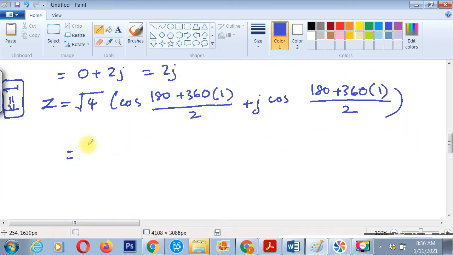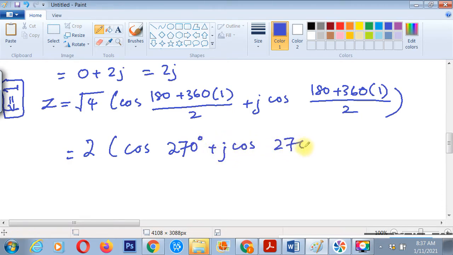We simplify this. So we have 2 cos of 180 plus 360 divided by 2, so you will have 270 degree plus j sine 270 degree. So what should we have? You have 2 cos, okay, so you put it in the calculator, cos 270, you will have 0 plus j, sorry, there is not cos, there is sine.